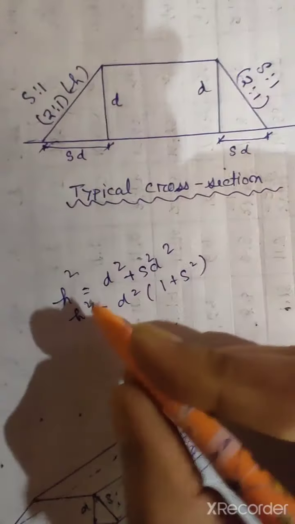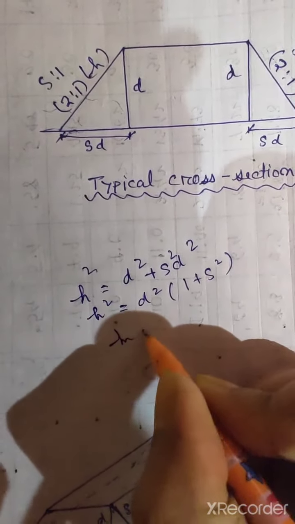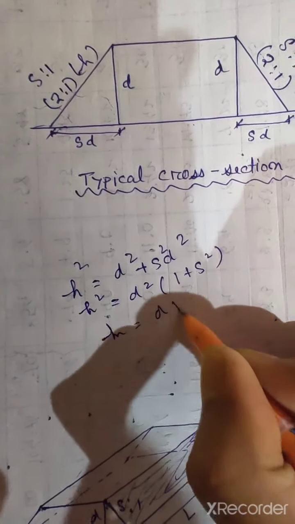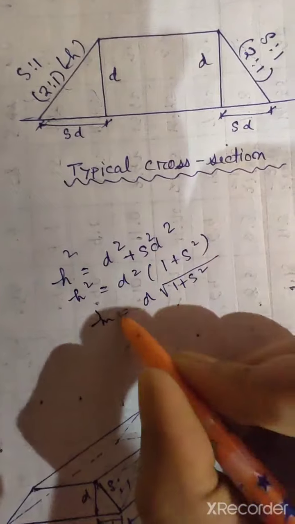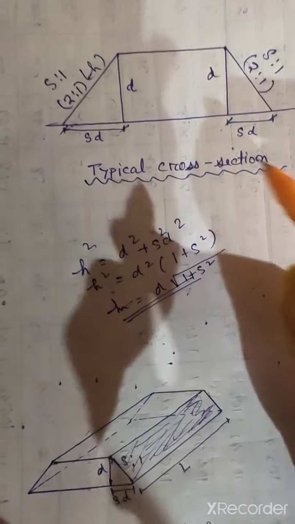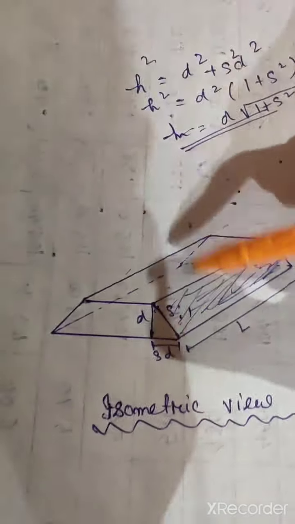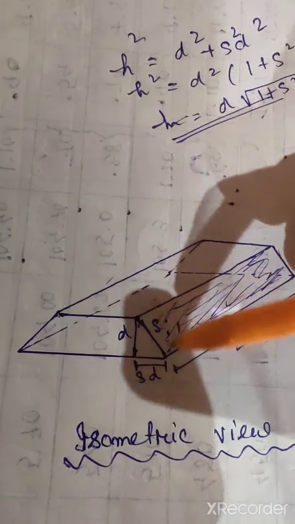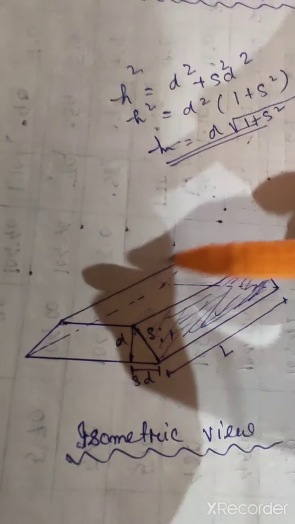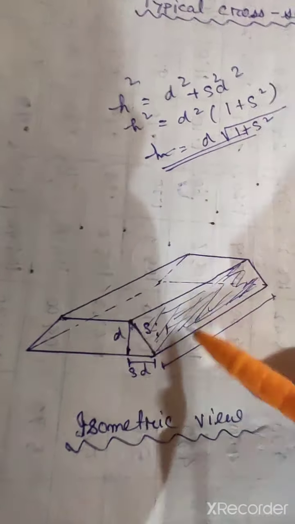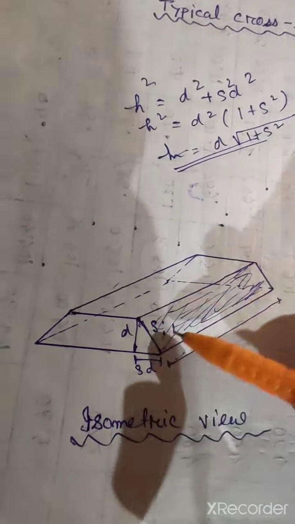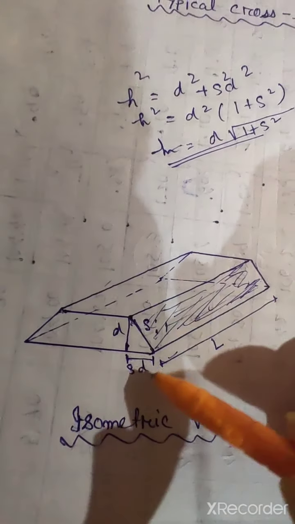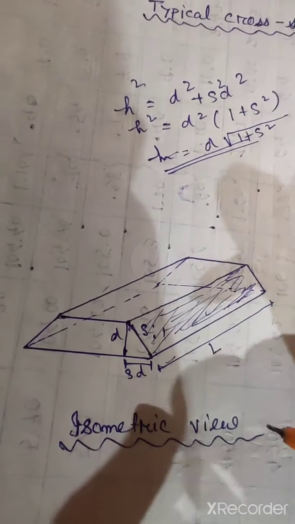So what is h? h is d into root over 1 plus s square. So we have got this or this, and this we know. So h into L is equal to this area. This is a rectangle, so length into breadth.